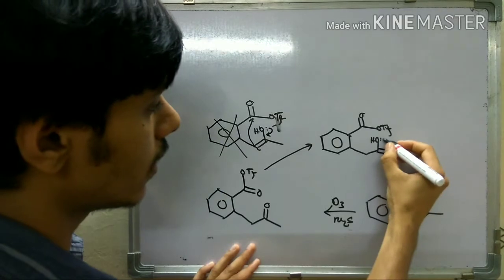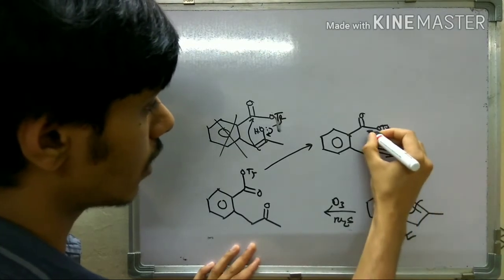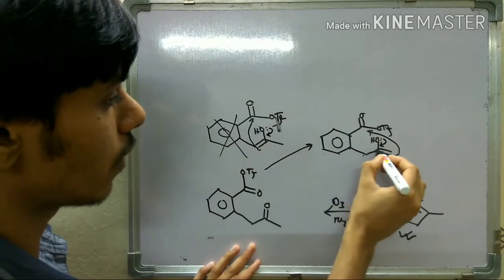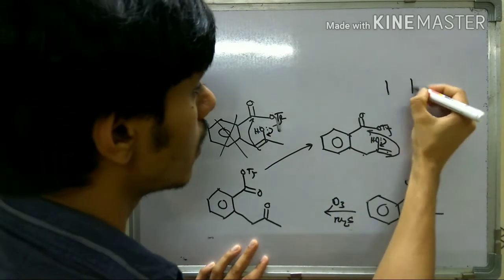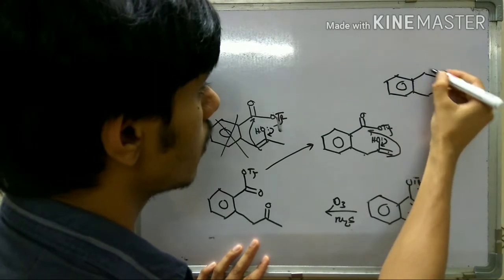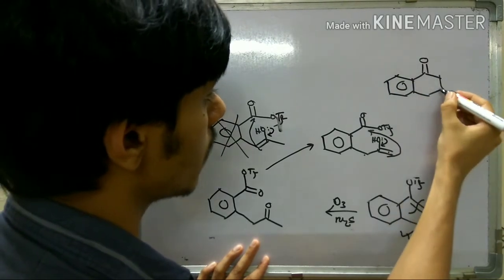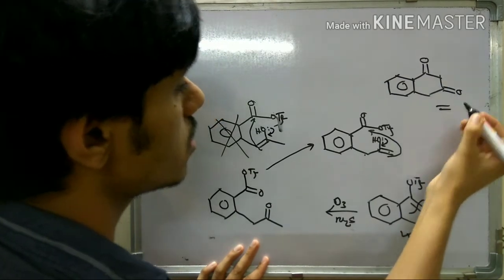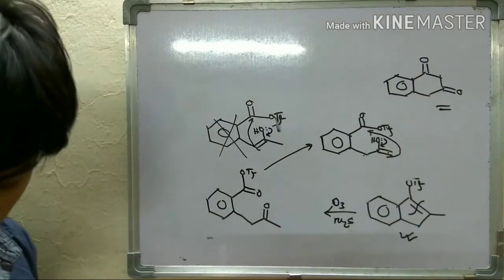But if the oxygen pushes its lone pair here, attack can take place from here, and you can get 1, 2, 3, 4, 5, 6, a 6-membered ring, and this is the product you will expect. So here you will have this CO group. This is one product you can expect.